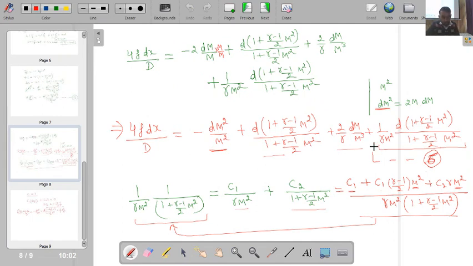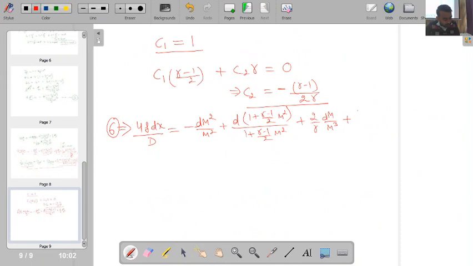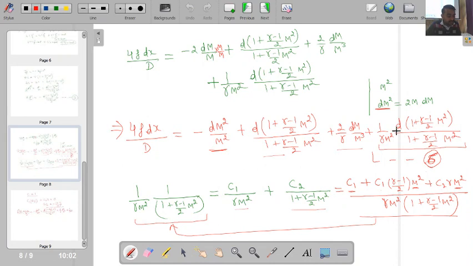Now in place of this entire term I can write C1 by gamma m square. So C1 is 1, so plus 1 by gamma m square, but this derivative has to multiply with both the terms. Okay, because we have replaced over here only this quantity. We have replaced this quantity with C1 by gamma m square plus C2 by 1 plus (gamma minus 1) by 2 m square, but this derivative has to multiply.